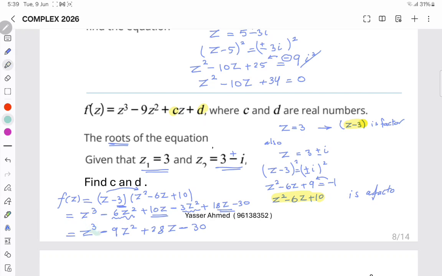In the given, I have z cubed, it's a given. Negative 9z squared, it's a given. cz, so the value of c here is equal positive 28. So c is equal 28. And also, the constant value d, here it's negative 30. So the value of d equals negative 30.